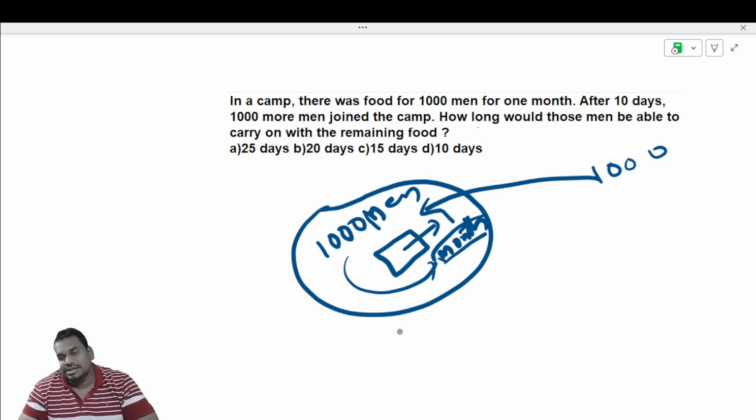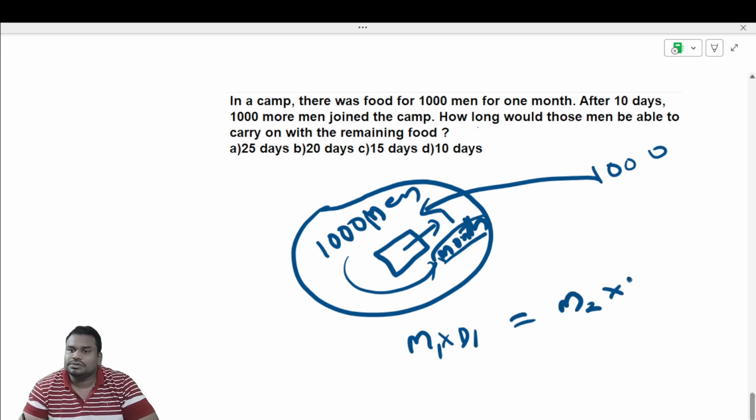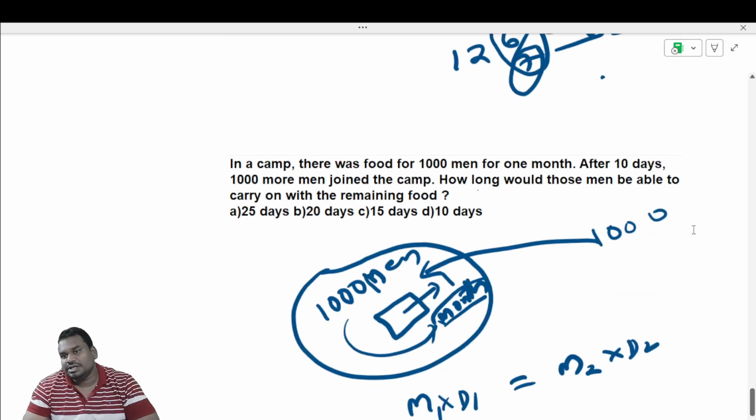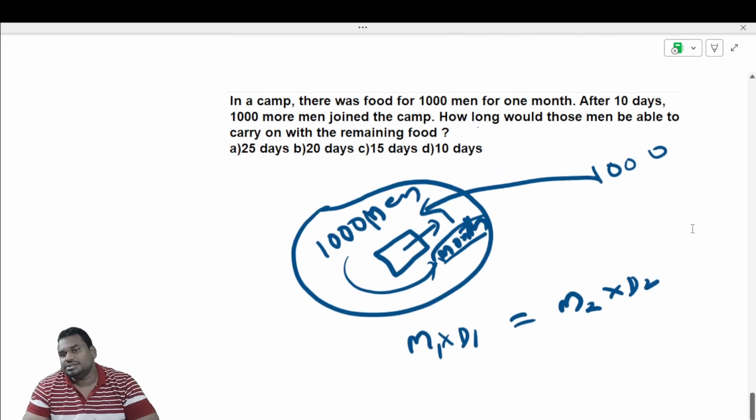So here it is same as M1 into T1 is equal to M2 into T2. So that is to be clear. How to get the amount of food which is sufficient is, initially there were 1,000 men and they can use it for 30 days.